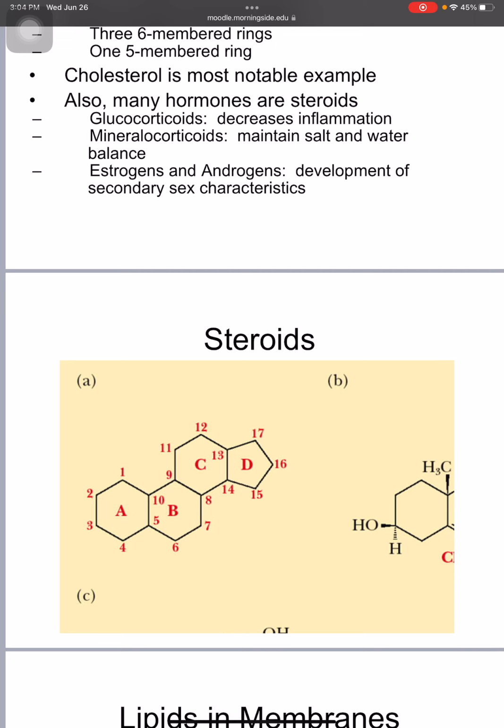Glucocorticoids is another example. These are used specifically to decrease inflammation. If you have muscle issues like tears, sometimes you'll get a prescription for a glucocorticoid to help reduce the inflammation and the pain. You have mineralocorticoids. These are meant to maintain salt and water balance in the body. And of course, as we mentioned, you have your secondary sex hormones that are also steroid-based.